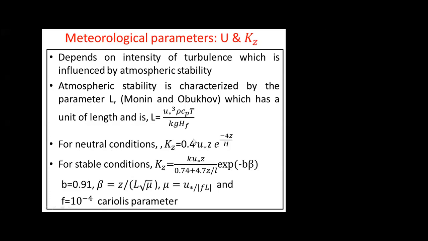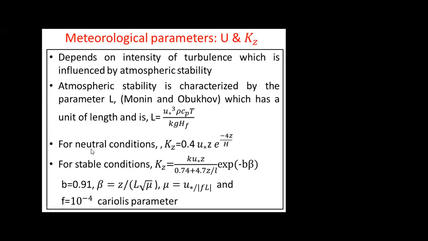These two profiles have been determined experimentally, not analytically. They are experimentally tested and used in the literature of all air pollution studies, and these are the two profiles I am using here.